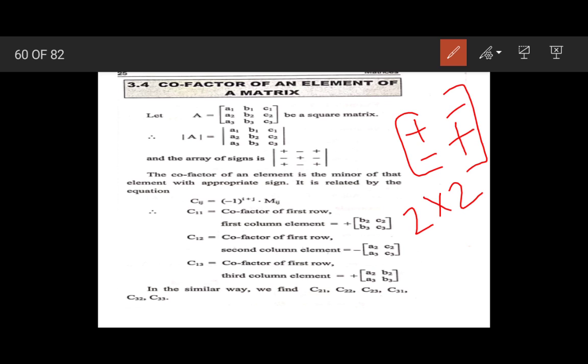Okay, so 3 by 3 and 2 by 2 matrix. So the first part of finding the cofactor is finding the sign of an element. So the sign will be plus, minus, minus, plus, alternate sign. Okay, so after this sign, next is finding the determinant value.